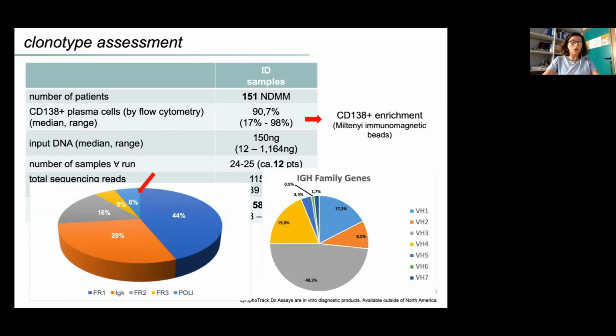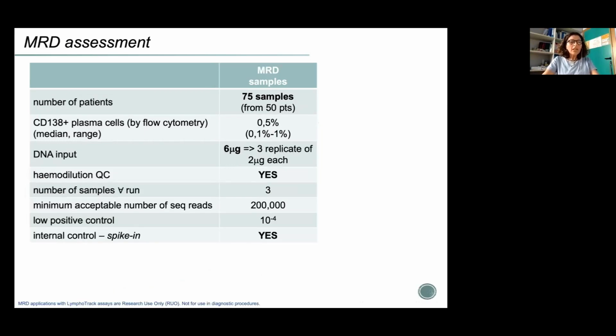Finally, we were also able to confirm the bias in VH gene segment usage, as frequently shown also by other authors. MRD has been measured so far in 50 patients for a sum of 75 samples.